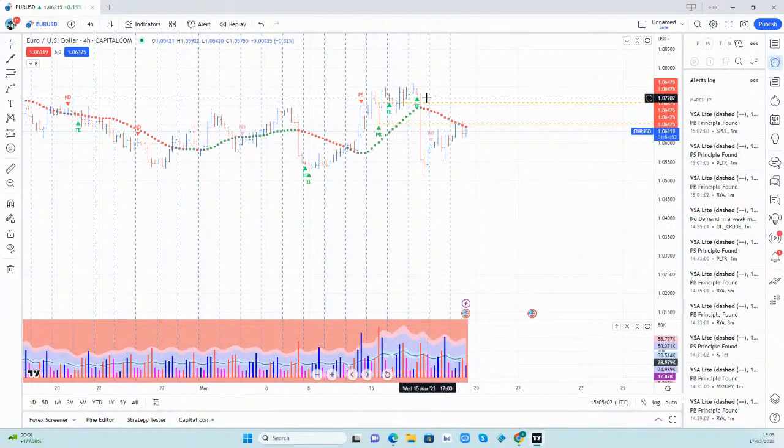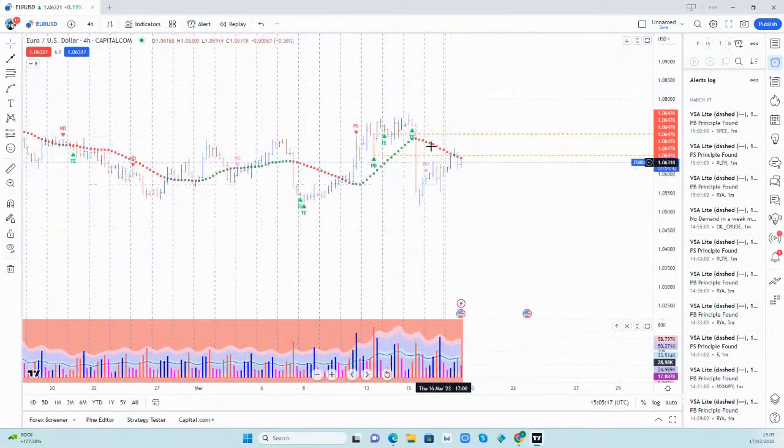You had failed tests. If you hadn't had a failed test, this would have gone a bit further up, and you could have had a potential long trade to take. That's the reason you do not enter a long trade. One of the major reasons is that these tests failed.